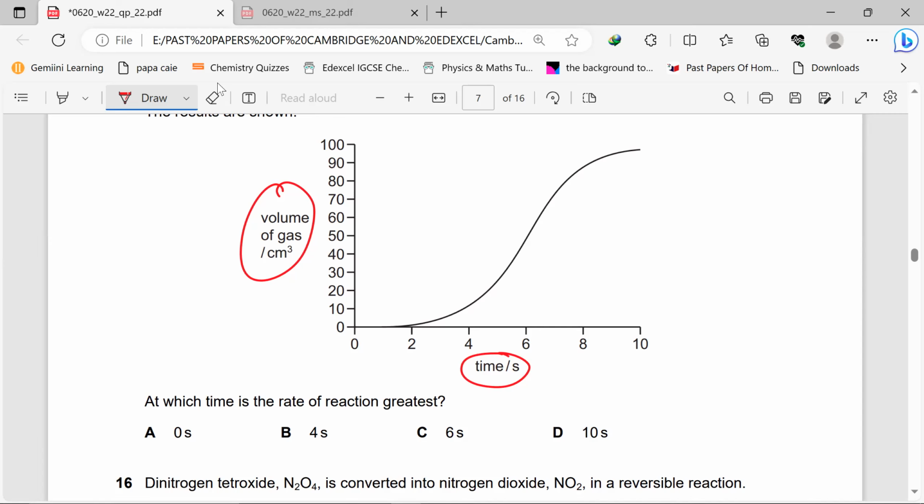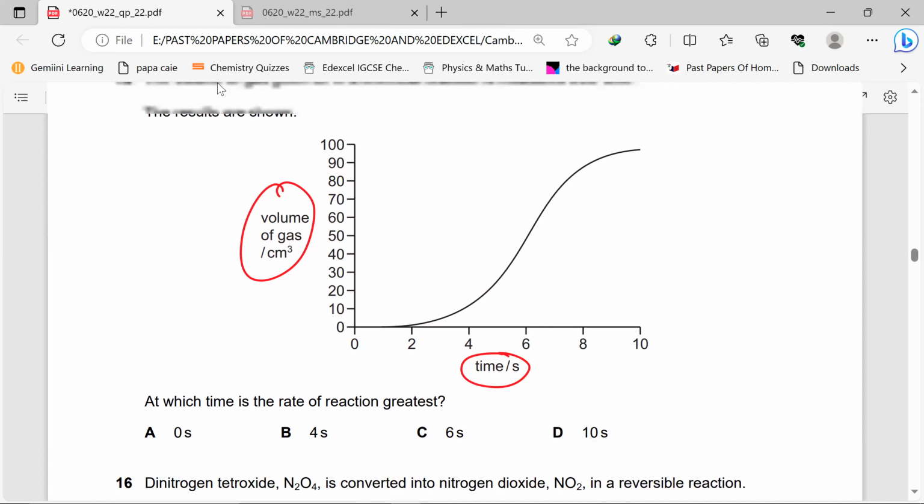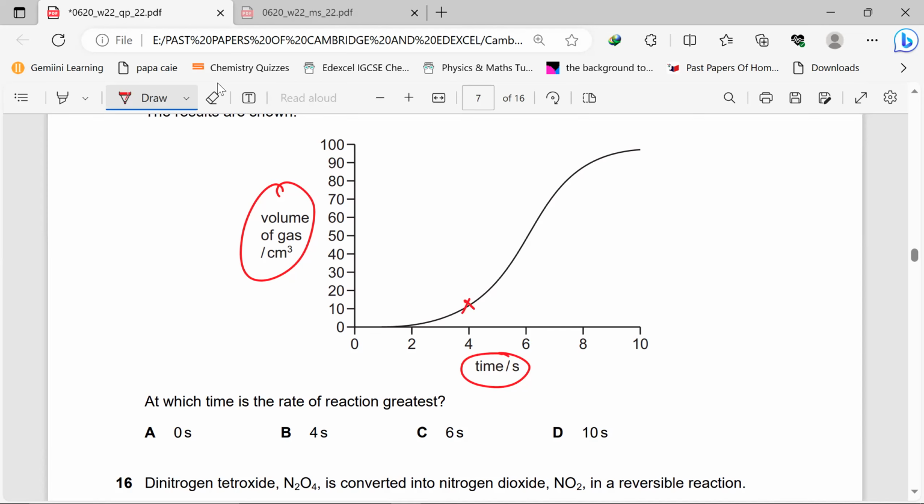0 second, 4 second, 6 second, which is very steep, and 10 seconds, which is flattened. So 10 seconds is absolutely not correct, and 0 second is not correct. We can see the graph is most steep at 6. If you draw a gradient here, it will be steepest. At 4 second, it is not that steep.